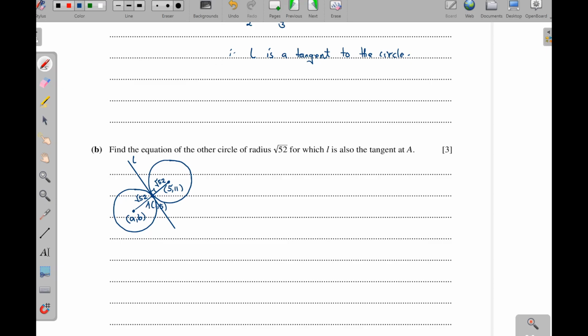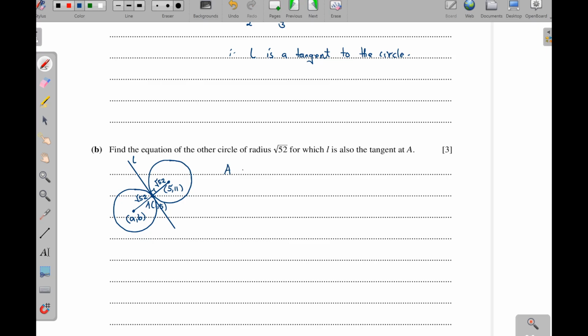Now, this L here is going to become the mirror line. In other words, this circle is reflected in the L here. So they have the same radius. And also the distance from this center to here is the same as from here to there. So A is the midpoint of the two centers. You see that?